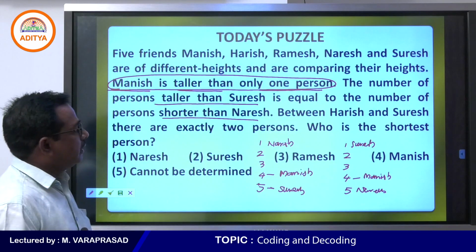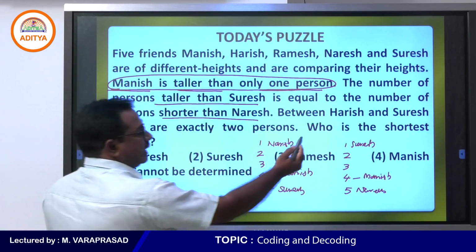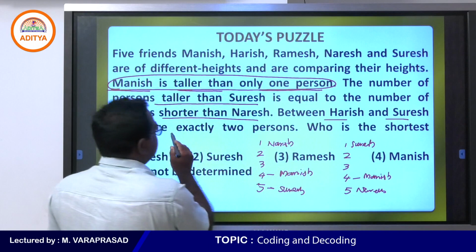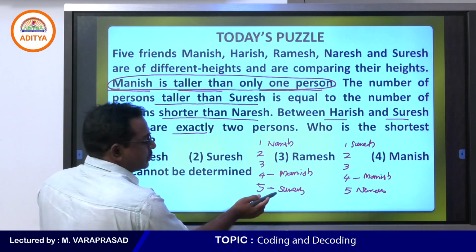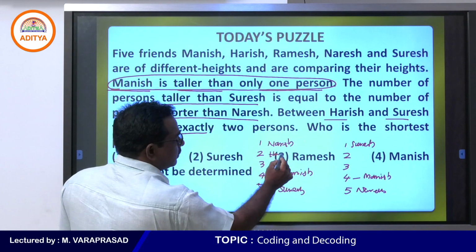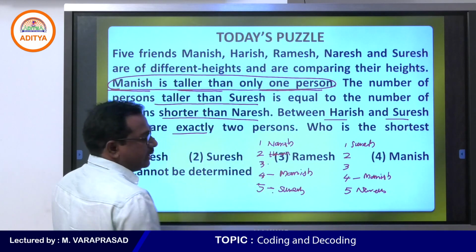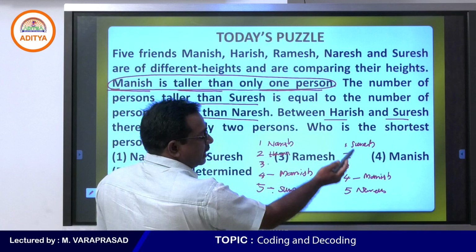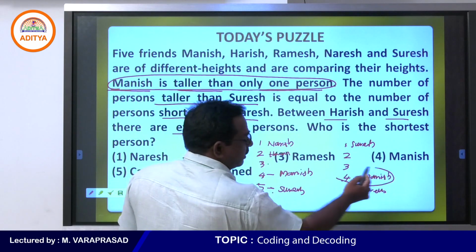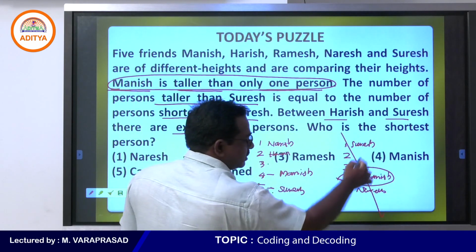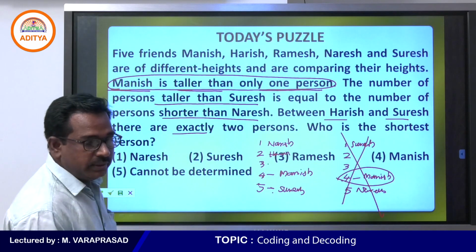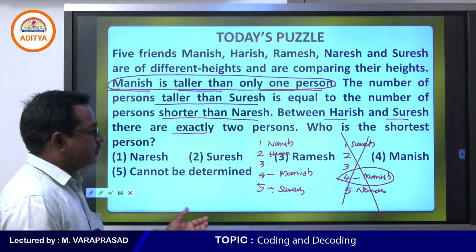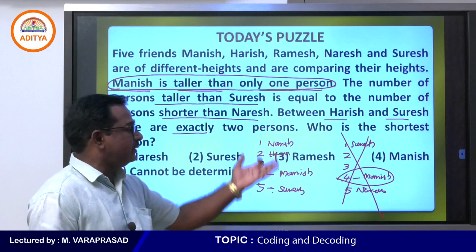Now see. The third condition, between Harish and Suresh, exactly 2 persons are there. Between Suresh and Harish, exactly 2 persons are there. Suppose if we take Suresh here, between Suresh and Harish, it's not possible here. So this condition is not satisfied. Yes, one gentleman asked this question, why we can't take Suresh at first place?